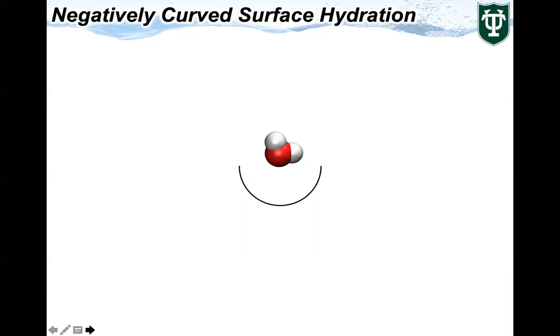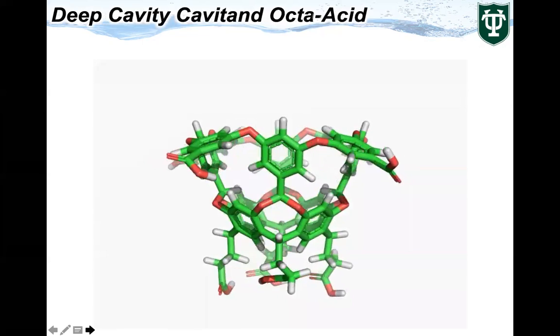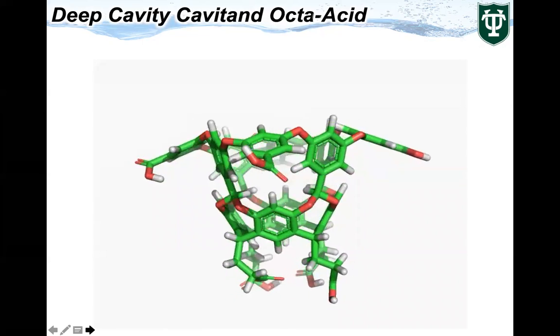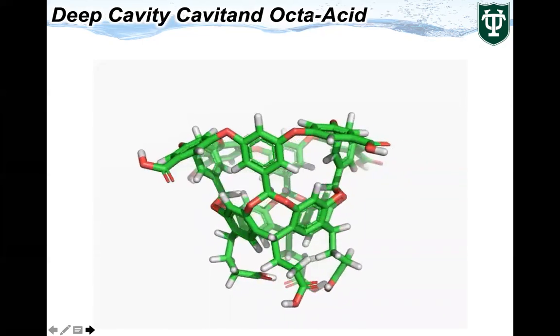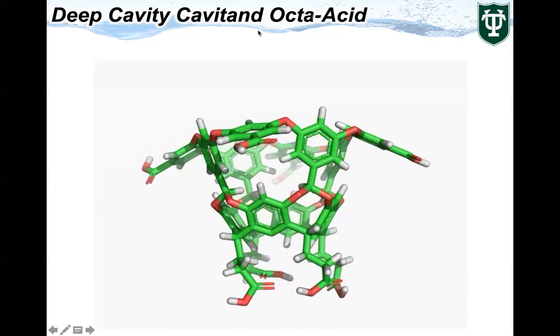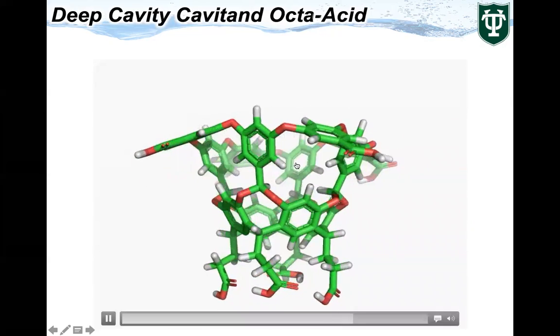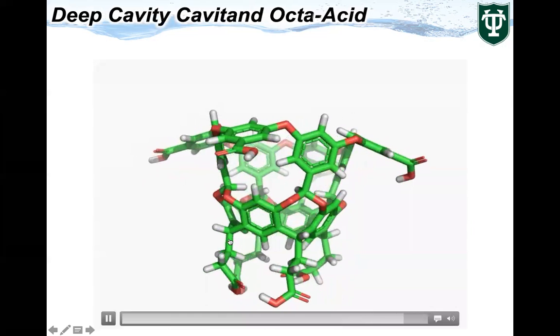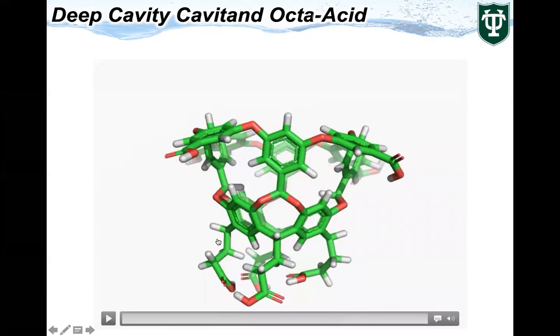Based on these phenomenological predictions, we decided that we wanted to look at a class of molecules called cavitands, or so-called deep cavity cavitands, or in this case, deep cavity cavitand octaacid. This is a host molecule that is built on a resorcinarene base, has 3 layers of aromatic rings around it to build an 8 angstrom in diameter hydrophobic pocket that's about 8 angstroms deep.